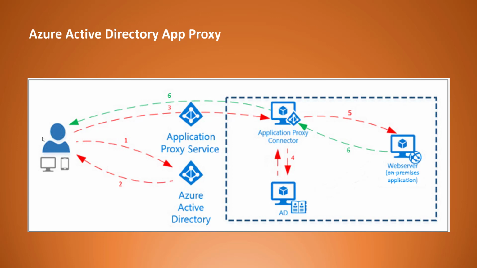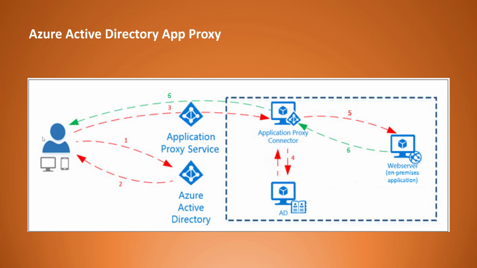For them, this is also an opportune moment to change their architecture and design of publishing those applications successfully with the help of Azure Active Directory App Proxy, replacing those older technologies like UAG, TMG, and IIS.